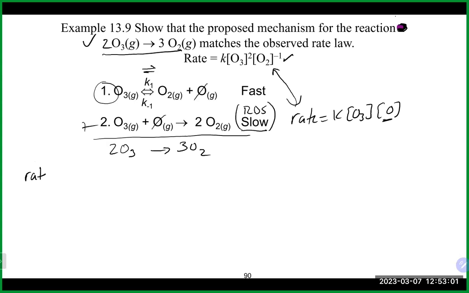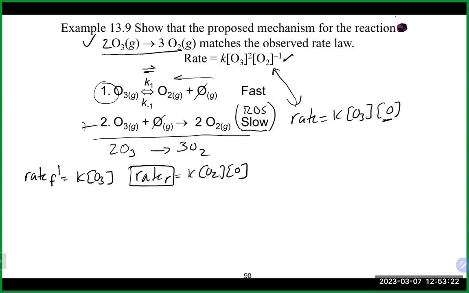So the rate of the forward direction would be k times [O3]. Going in the opposite direction, our products become our reactants. So the rate of the reverse reaction would be k times [O2] times [O]. Once again, as we just talked about, these two rates will be the same number, which means we can set the other two things equal to each other.